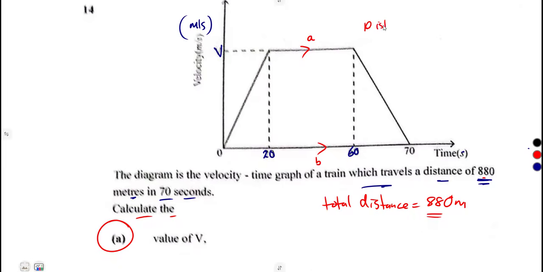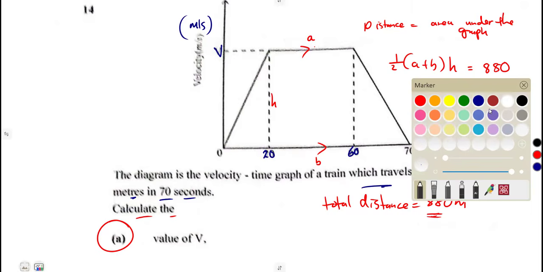So we consider the area of a trapezium. Distance is simply equivalent to the total area under the graph. So that is the area of a trapezium. Remember, half of A plus B times the perpendicular height, which is equal to the total distance of 880 meters.